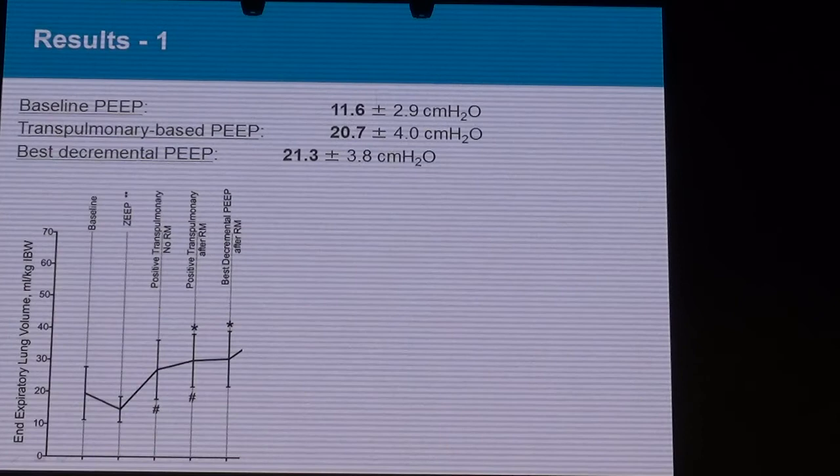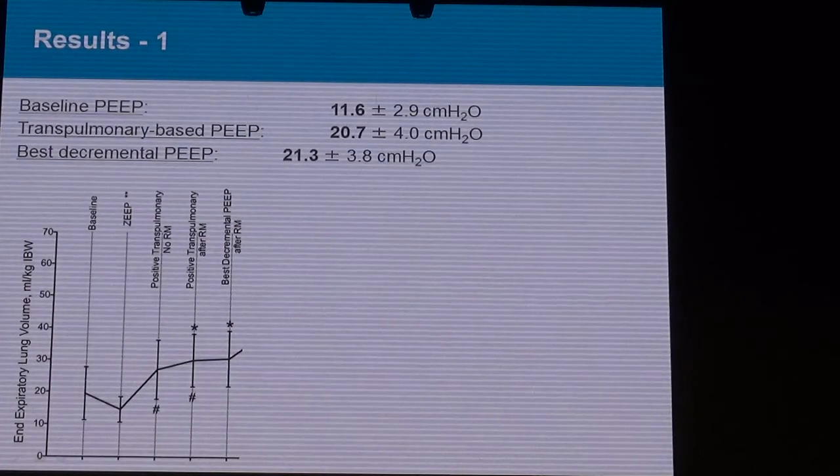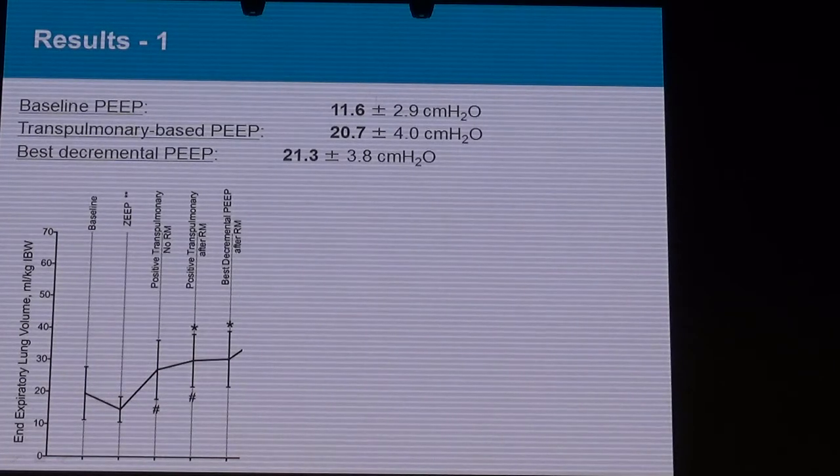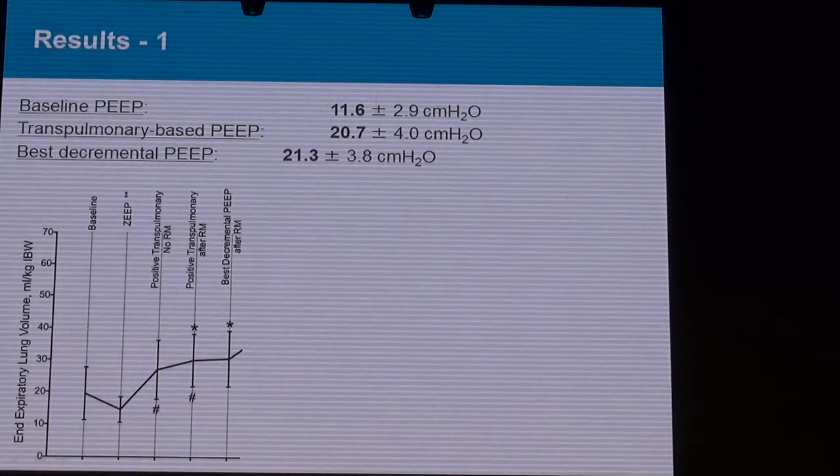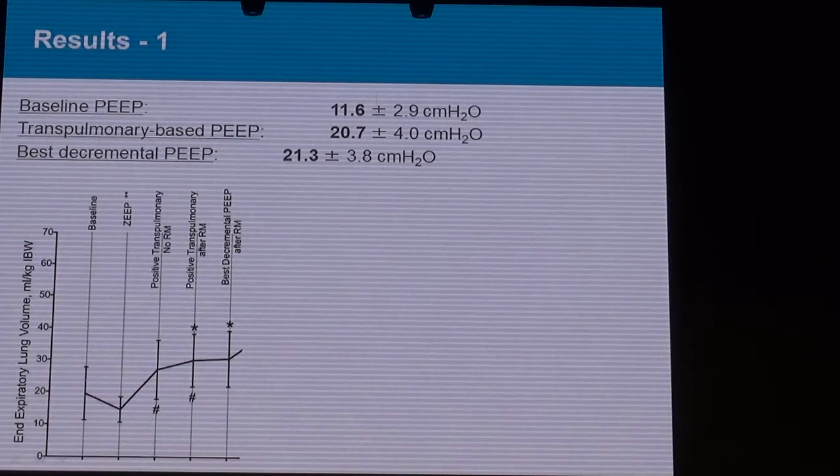What we found was that the end-expiratory lung volume, measured by wash-in wash-out of oxygen, was really equal with transpulmonary pressure with or without a recruitment maneuver. So the volumes improved after recruiting the lungs, or just by increasing the PEEP.